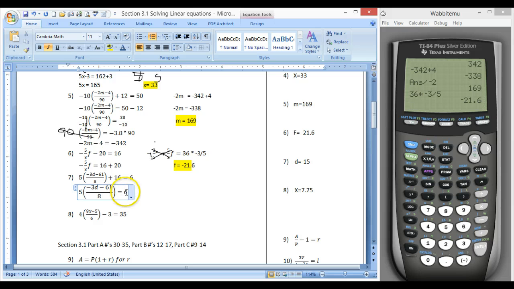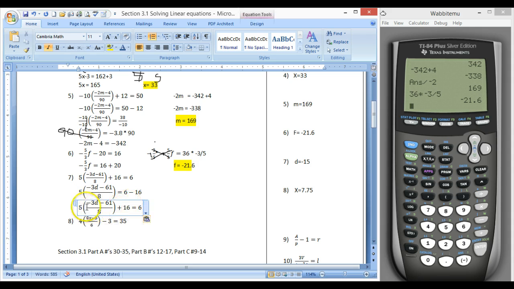Subtracting it from the left side cancels it out. Subtracting it on the right side gives me 6 minus 16 is negative 10. Okay, so now the next thing, I have these set of parentheses, and I don't want to mess with that until the end, so I want to get rid of this 5.